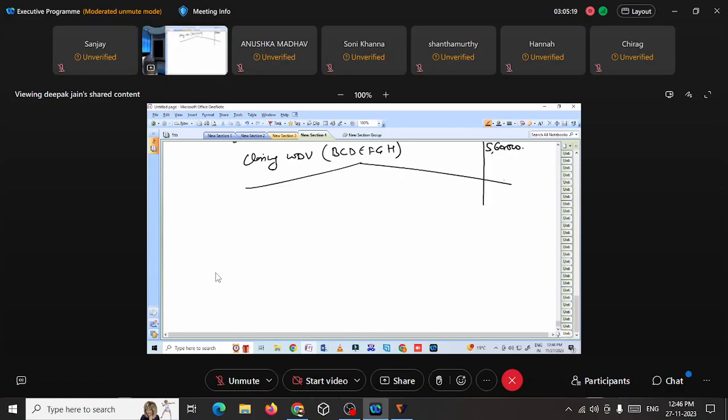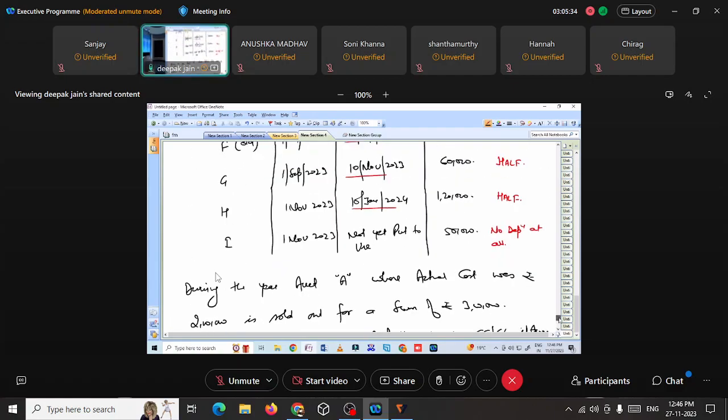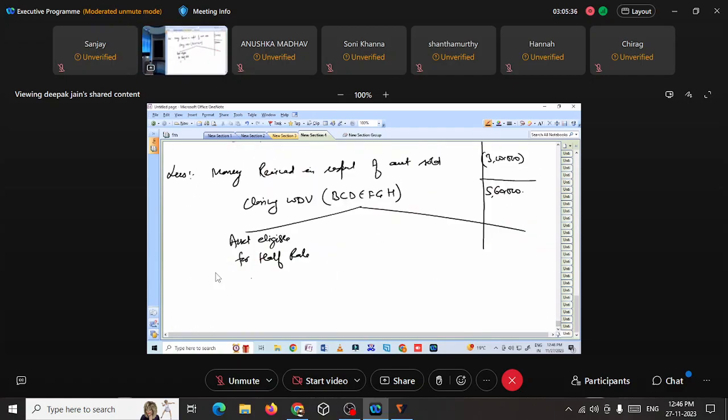What you have to do is segregate the asset eligible for half rate. Which are the assets eligible for half rate? G and H. Other assets.